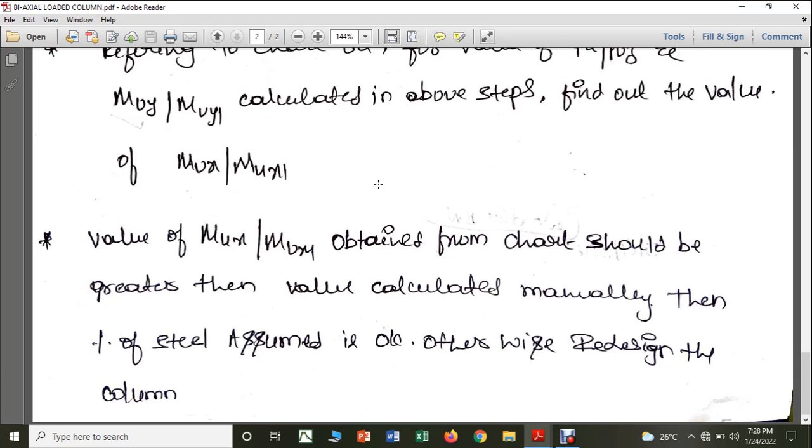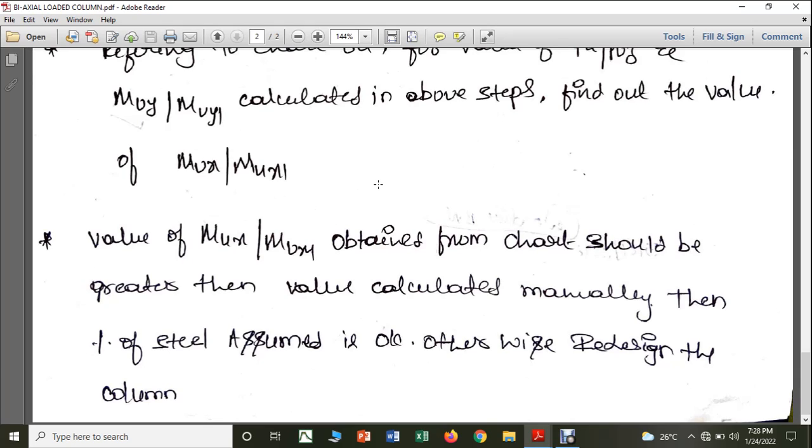But the procedure we have seen here is suitable if you are doing a problem theoretically. Practically, applying this concept to get the percentage of steel and finally the number of rods to be executed at the site is difficult in this manner, because it is an iteration process.